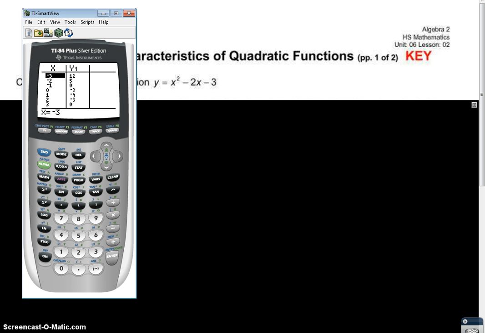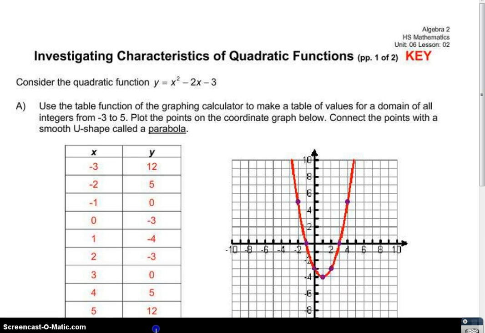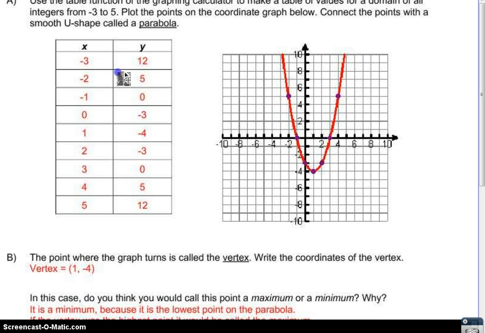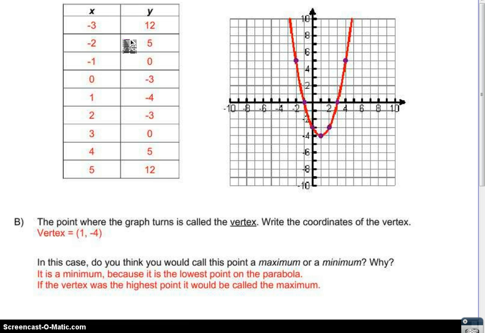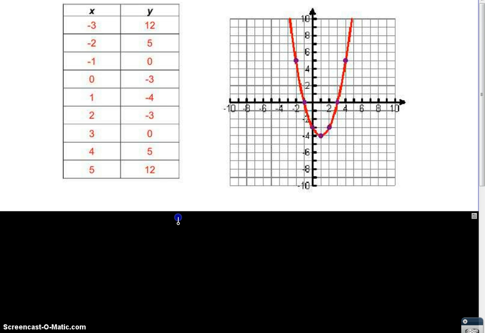So if you look, your y values should range from 12 all the way back to 12 again. So you should have this table copied down. It should look like this, and then I want you to plot the points on your graph, and your graph should look like this.